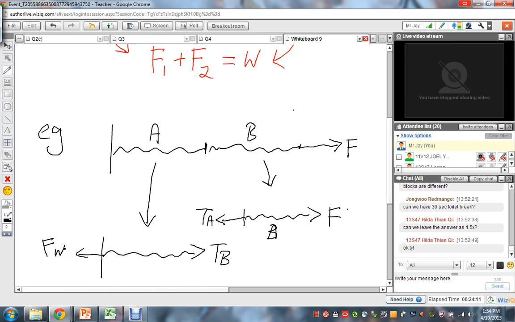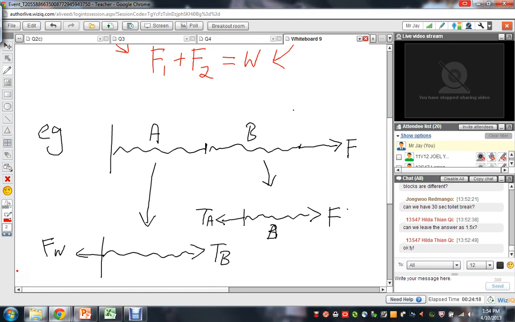Now, will you agree with me that the tension forces must be equal because they are equal and opposite reaction forces? TA must be equal to TB.